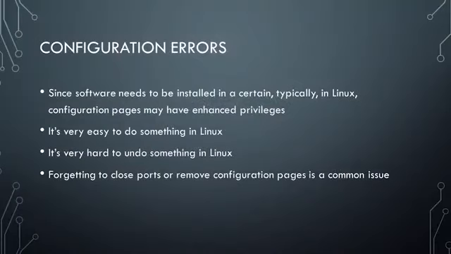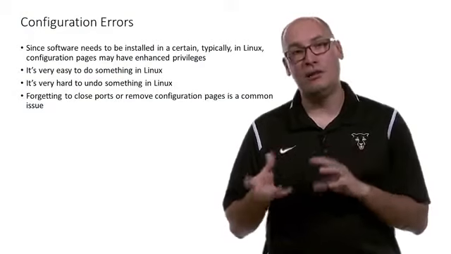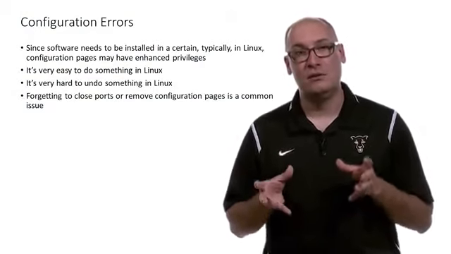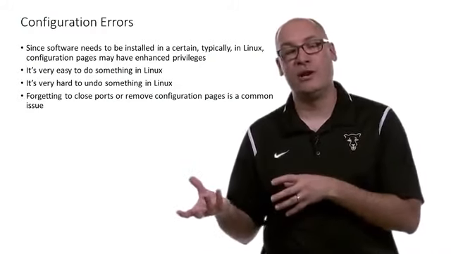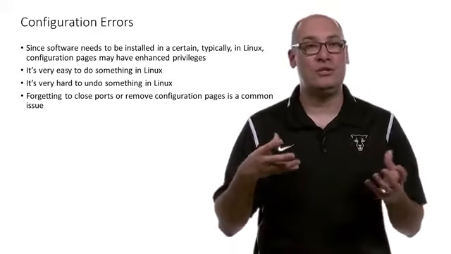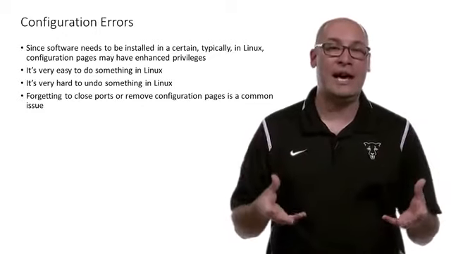Configuration errors is the second most common type of threat that we see with Linux. Because we are configuring a lot of software manually on Linux, we have a tendency to make mistakes. So the permissions on a directory may be incorrect, or we may forget to delete a configuration page, which may allow an attacker in.